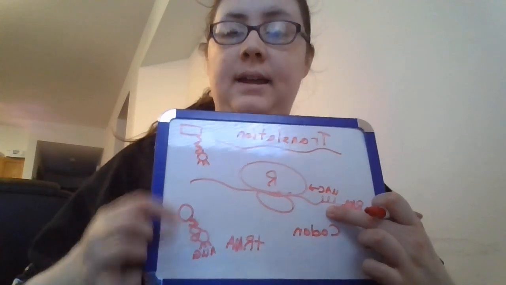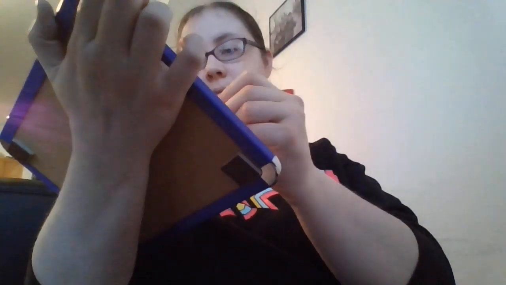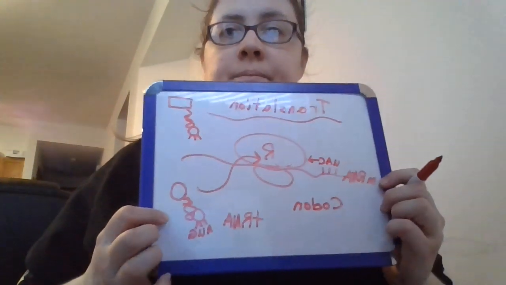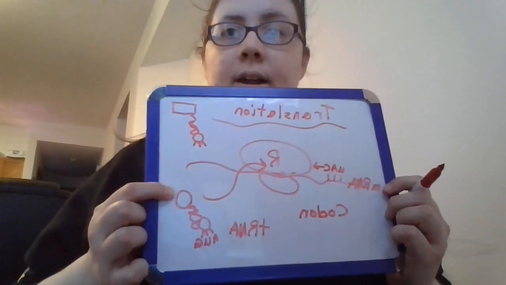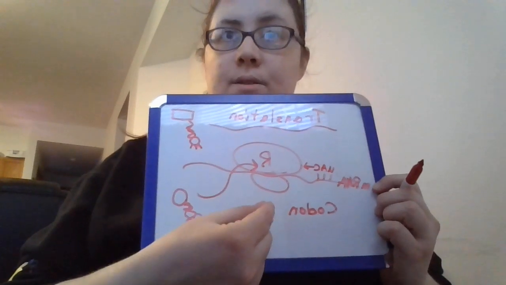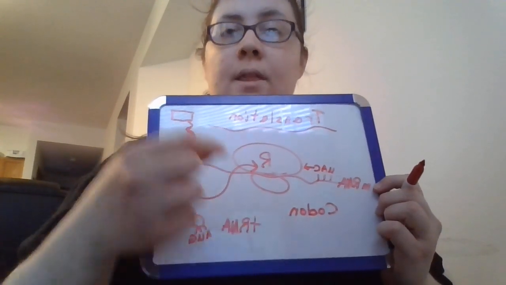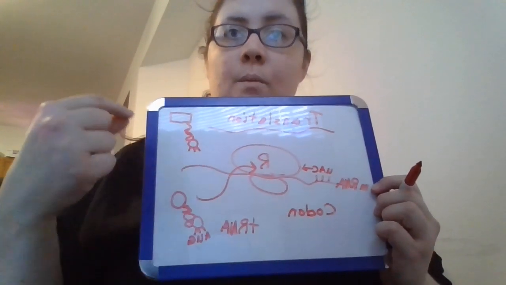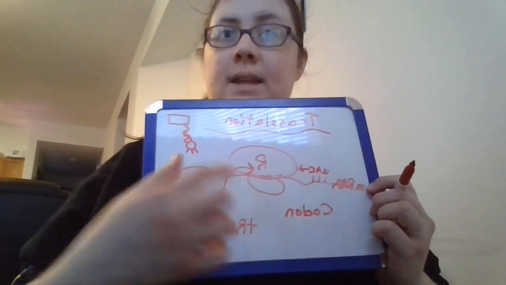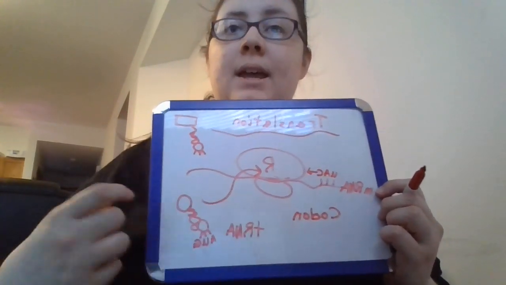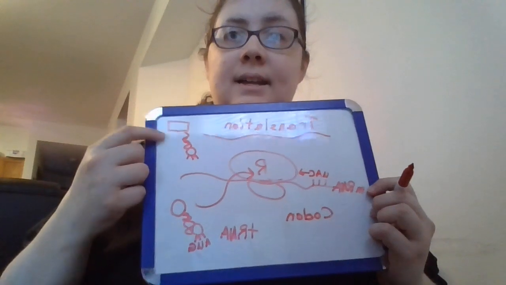So this guy is going to float up and take this circle right here and put it into the ribosome. The ribosome, once it starts reading more codons and grabbing more tRNA molecules, is going to start taking these guys and linking them together.